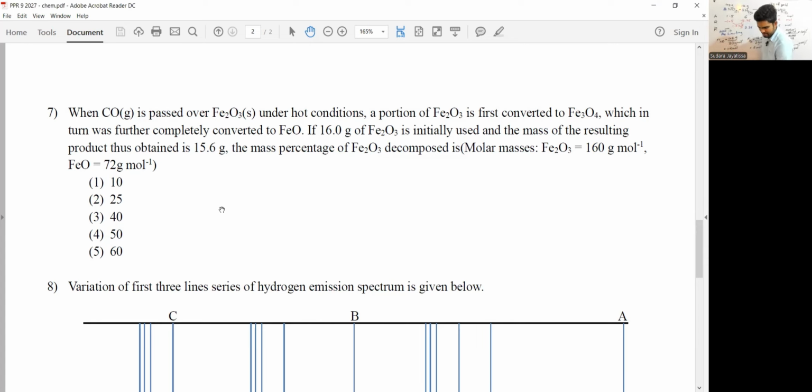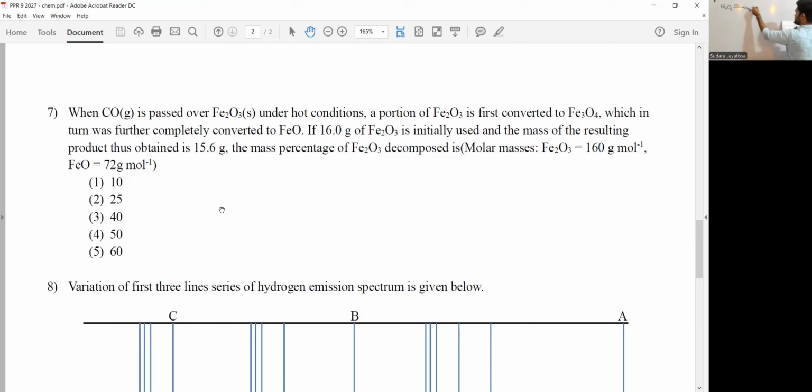Again, another calculation. When carbon monoxide is passed over Fe2O3 under hot conditions, a portion of Fe2O3 is first converted to Fe3O4. So they are telling some story, okay? When you pass some carbon monoxide, it says first it is converting to Fe3O4.